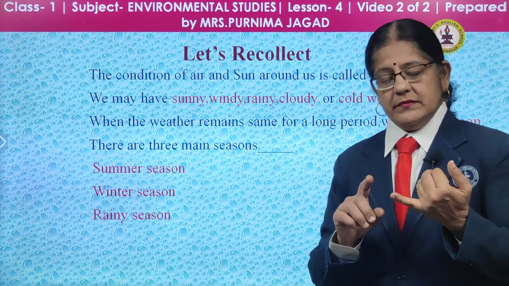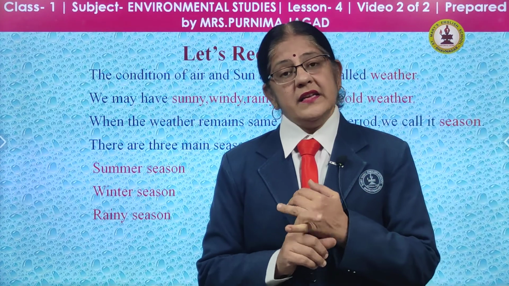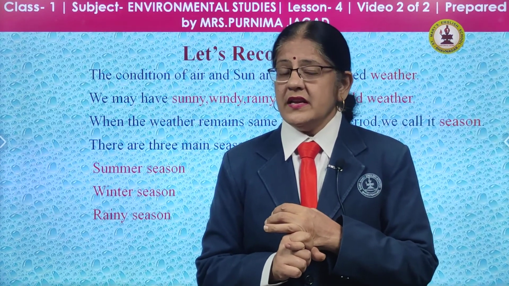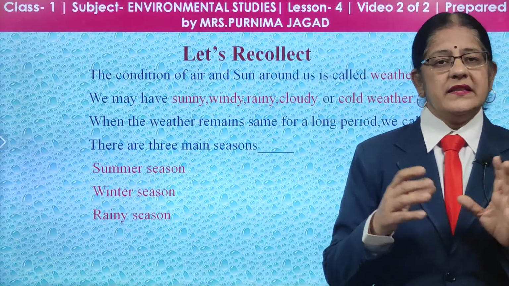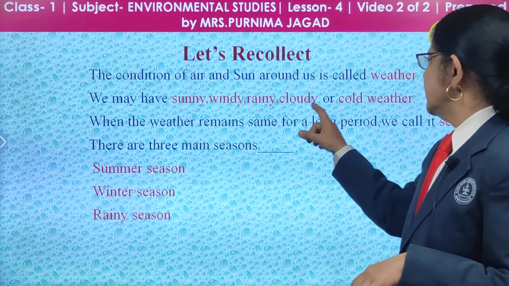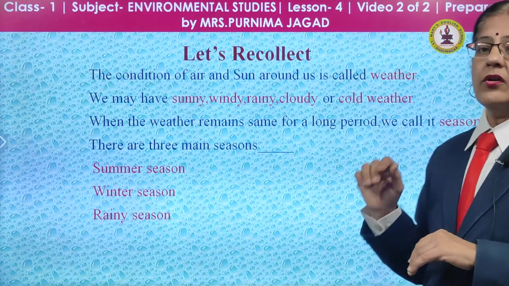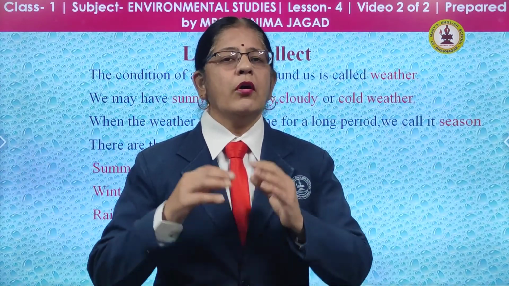That means if it is sunny in the morning, in afternoon it may be windy, in the evening it may start raining, and again at night we may feel hot. So, weather changes every day. When the weather remains same for a long period, we call it season. When the weather remains same for many days, for many months, it is called a season.